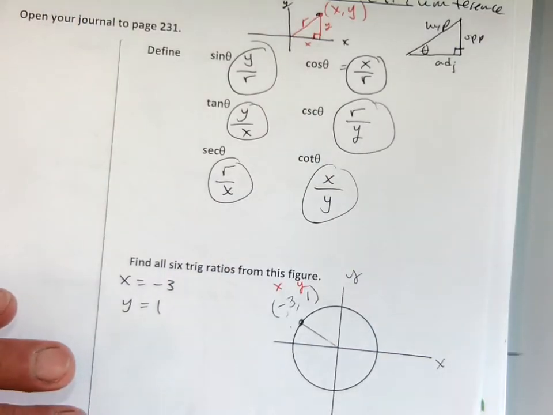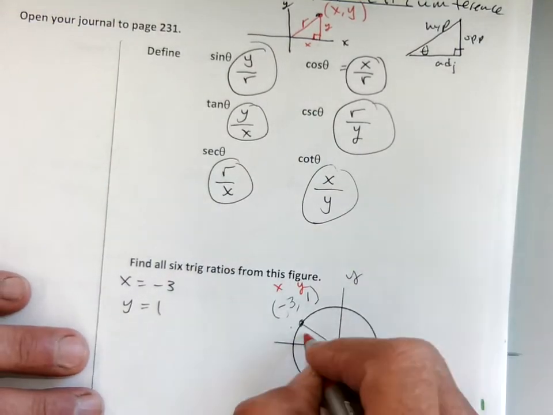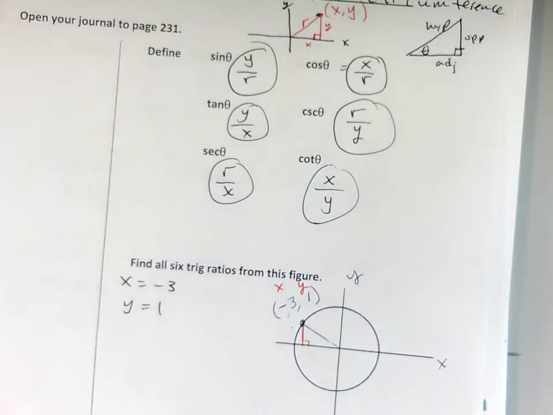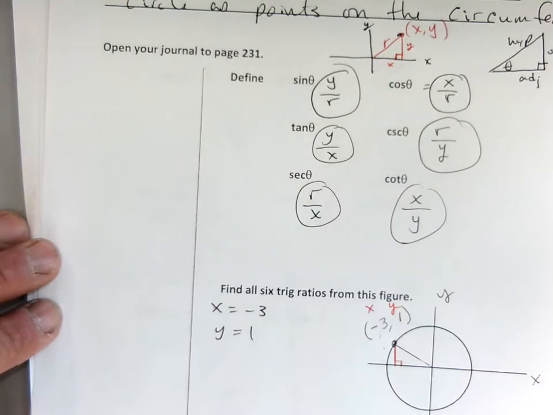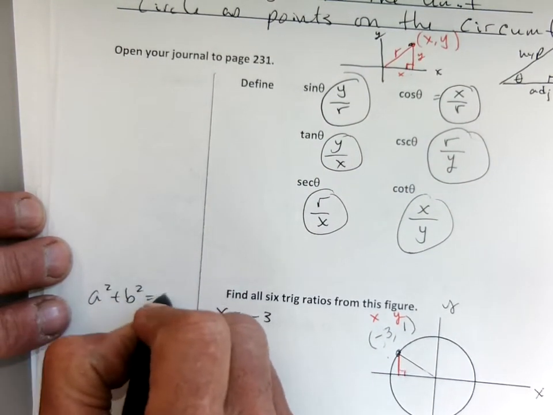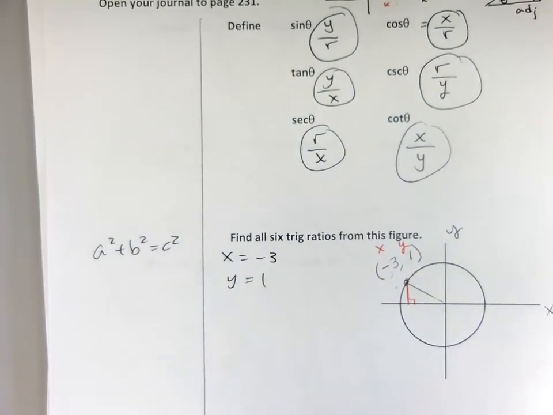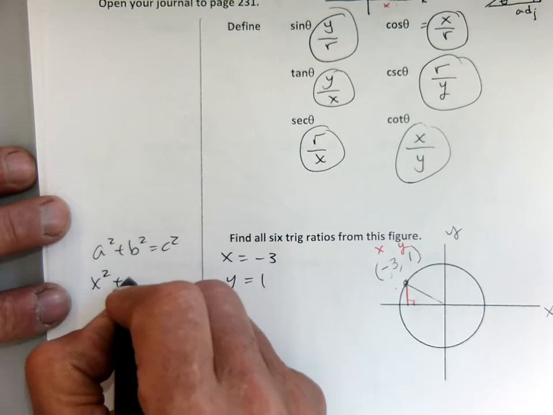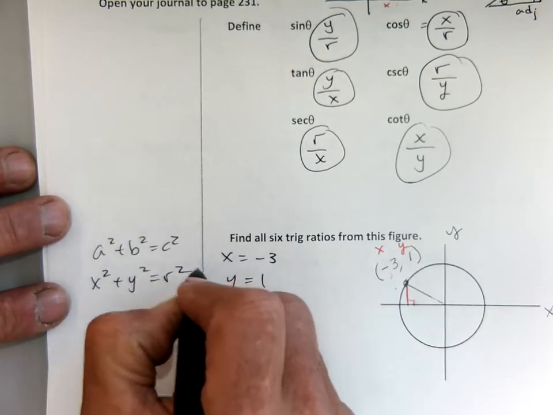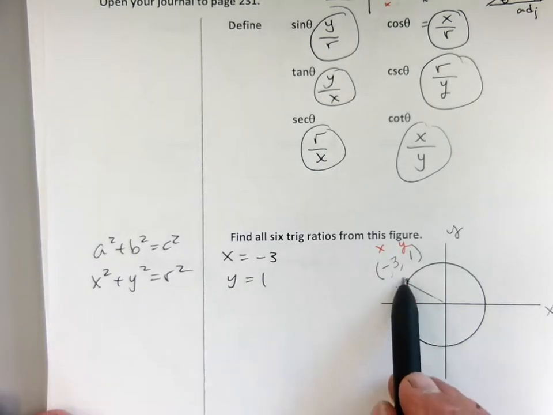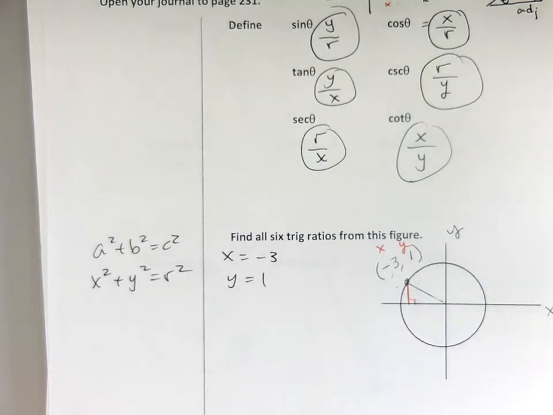If I create a right triangle, I can use the Pythagorean theorem. Now the Pythagorean theorem is a squared plus b squared equals c squared, but I'm going to rewrite it as x squared plus y squared equals r squared. Same exact formula, except for x value, y value, radius.